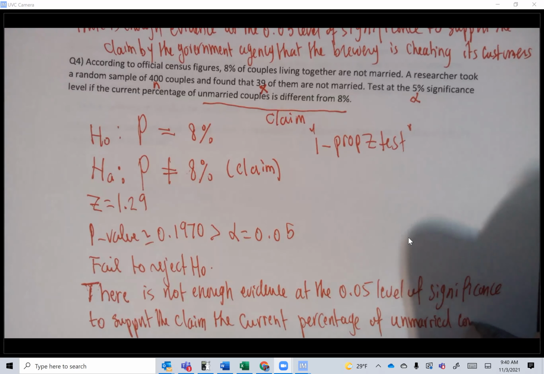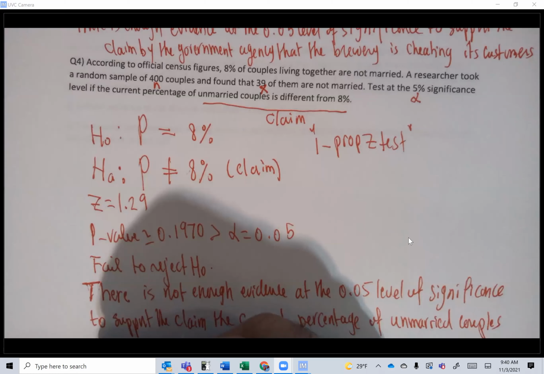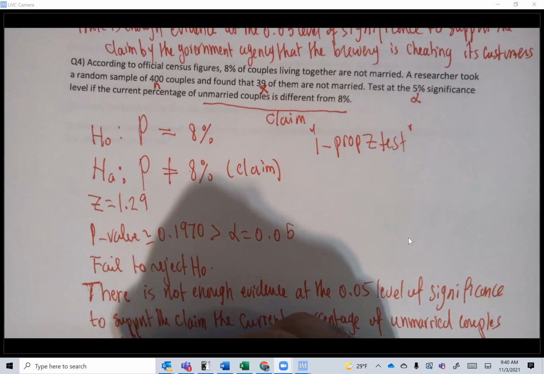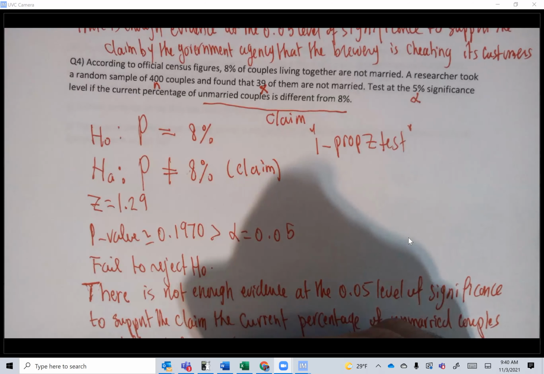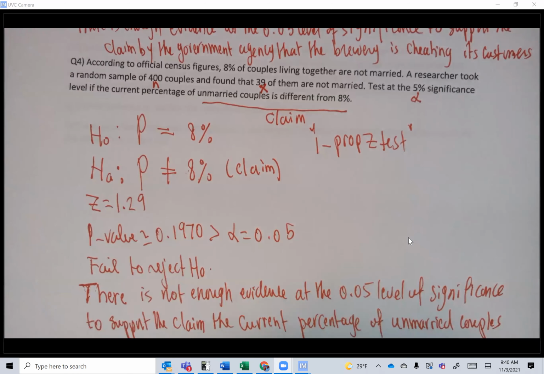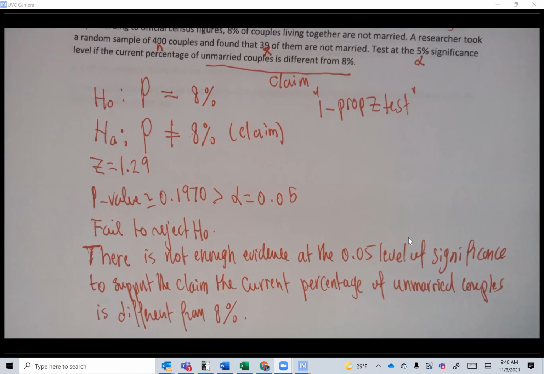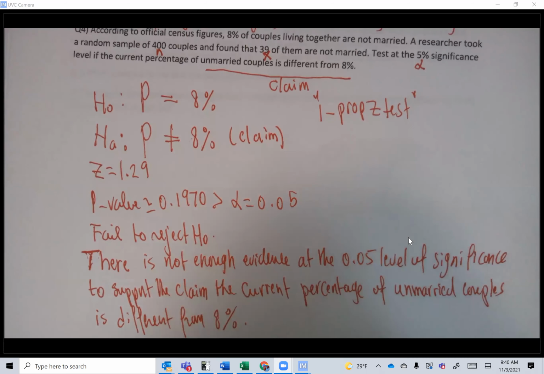I'll just copy it and paste it. All right. So that's question 4.